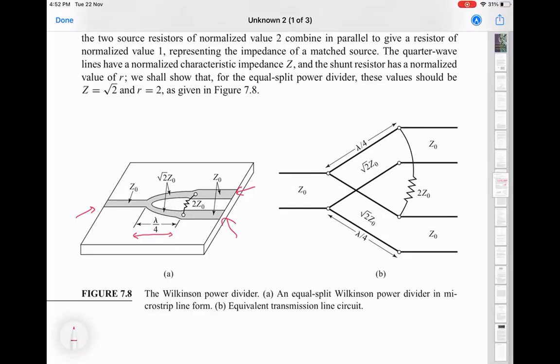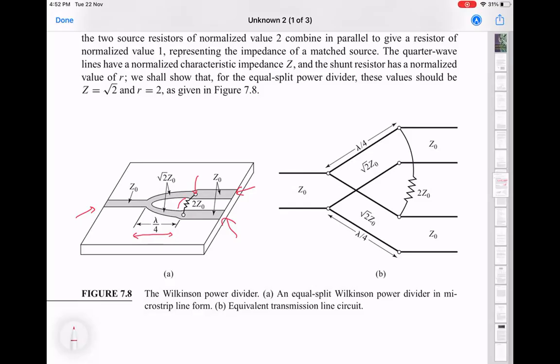And then in addition, there is this extra resistor which is bridging these two points. So this point here is the junction between the √2 Z0 transmission line and the Z0 extensions on the other side here.